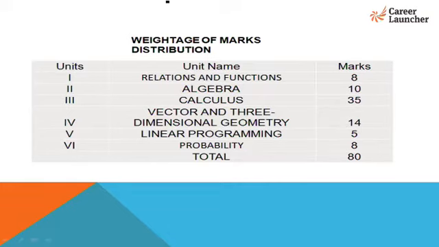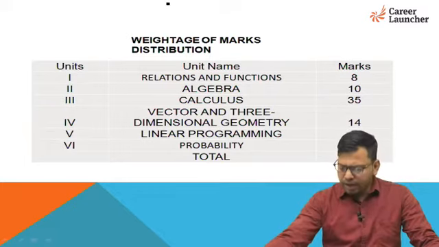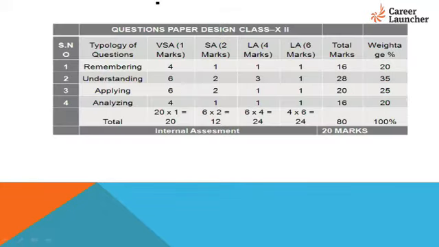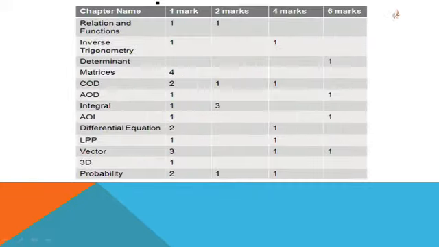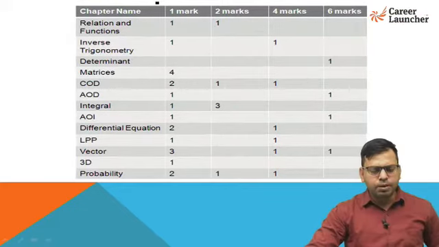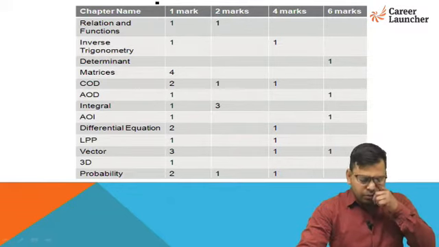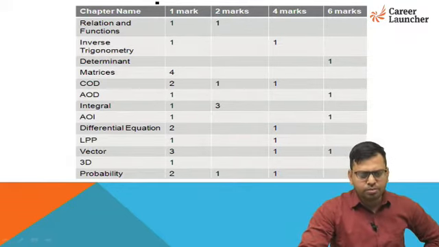Now moving on to the paper that has come today, we will discuss chapter wise the weightage of each chapter in the question paper. First, relations and functions: one 1 mark question and one 2 mark question were from this chapter.